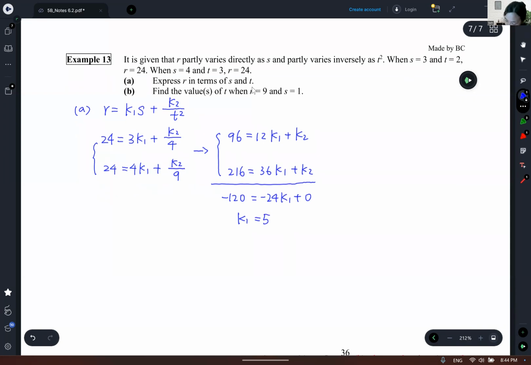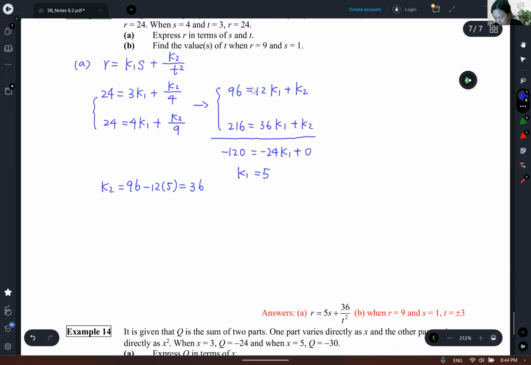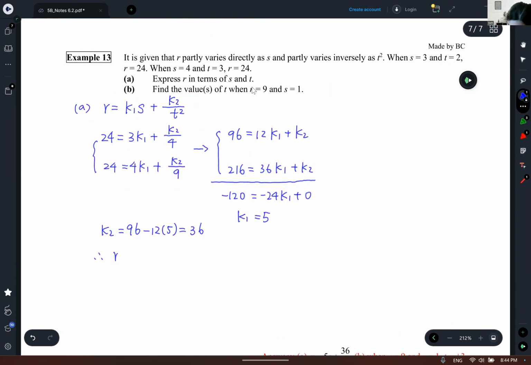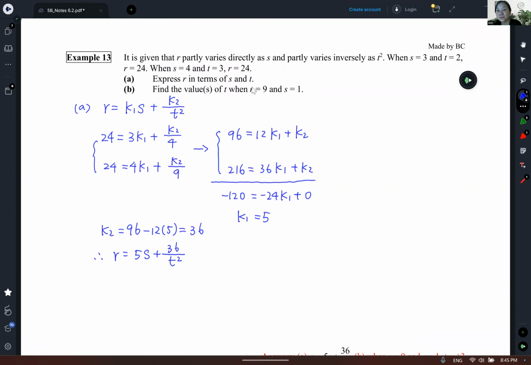So K1 equal 5 and K2 equal 96 minus 12 times 5. That is 36. Therefore, R equal 5S plus 36 divided by T squared. Is that okay? If you ever going to solve simultaneous equation correctly, that's my suggestion.